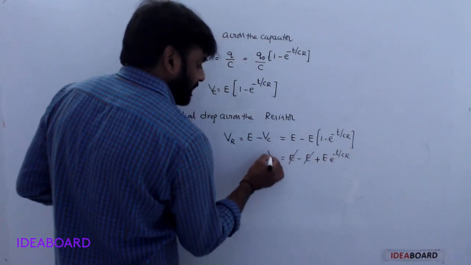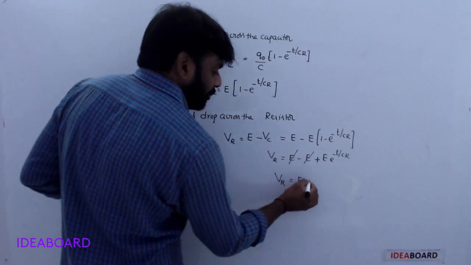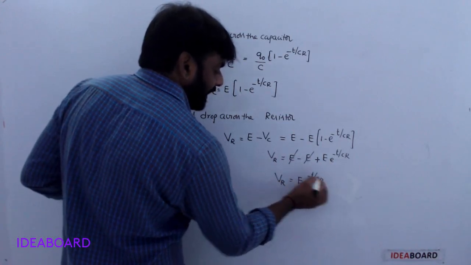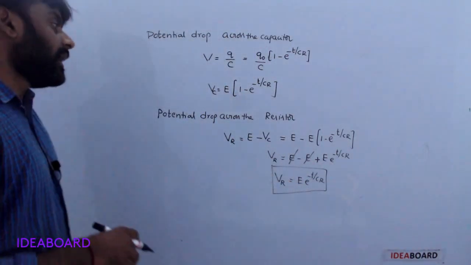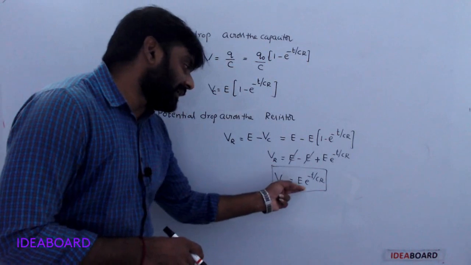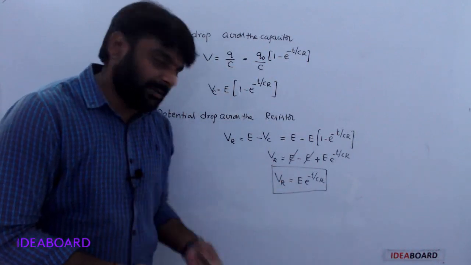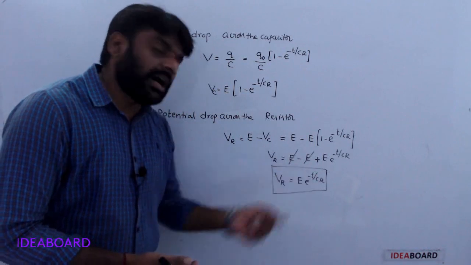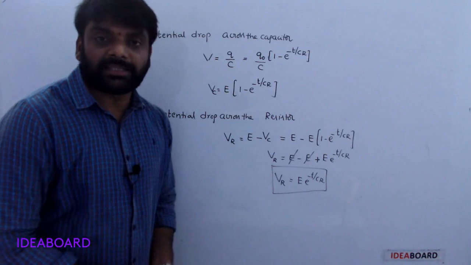Minus E and plus E cancel. So VR is equal to E into e power of minus t by CR. The potential drop across the resistor is E, the battery EMF, times exponential of minus t by CR.